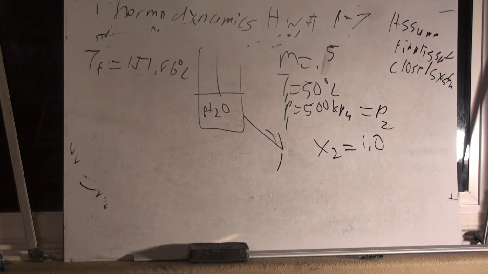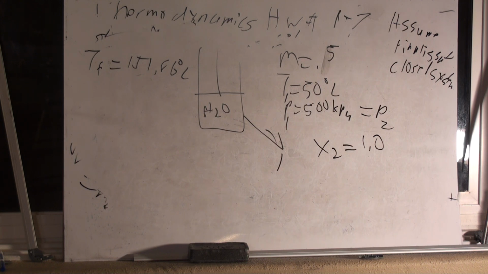The quality is 1.0 because it's saturated. And even if that one last droplet vaporized, it'd still be pretty much 1.0. But again, we assumed the final state is a saturated vapor based on how it was written.